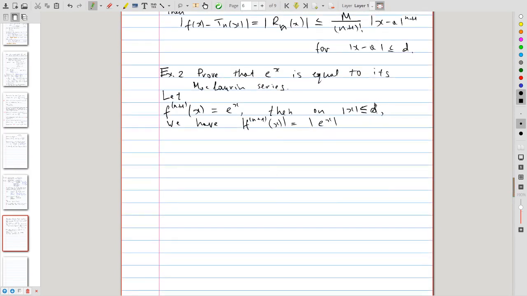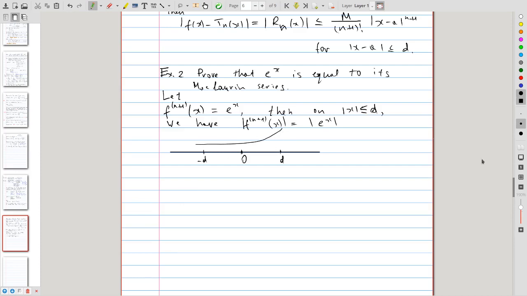For some positive d, we consider the interval between minus d and d, and here is the 0. And so we're looking at this interval. On this interval, we have our n plus first derivative, e to the x. So the graph of e to the x is something like this, right? So clearly we have a positive function which is increasing on the interval from minus d to d.